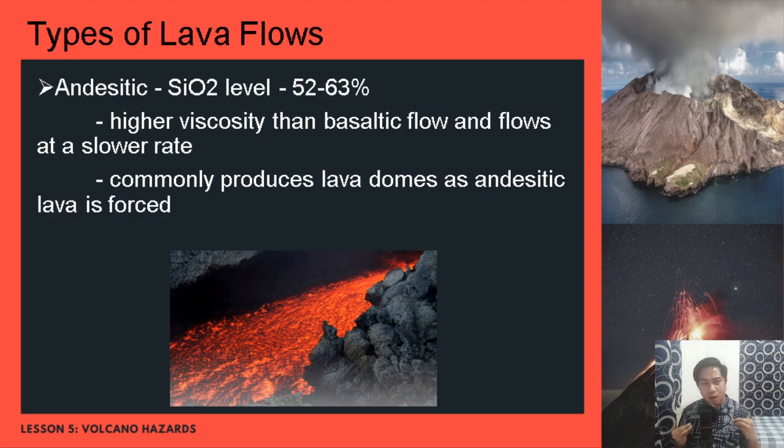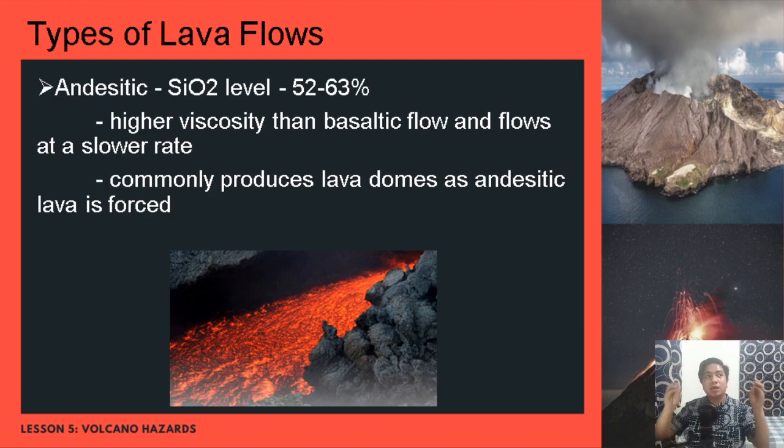Can you still remember a while ago when I mentioned about lava domes? So, di ba, lava domes may collapse if the lava itself or the magma itself is sticky enough or viscous enough to expand the lava dome and make it collapse.